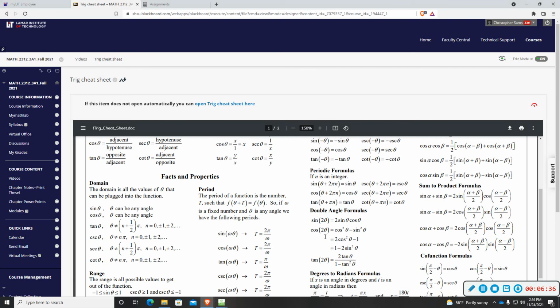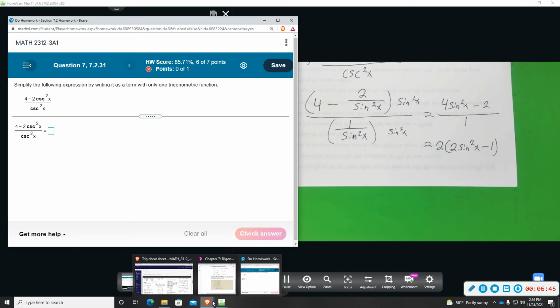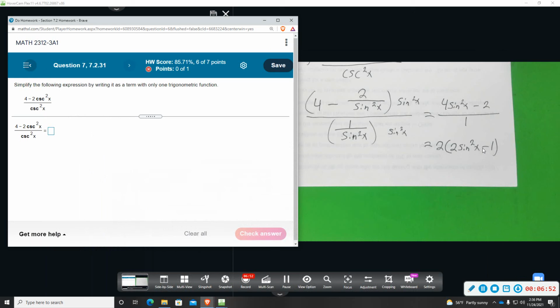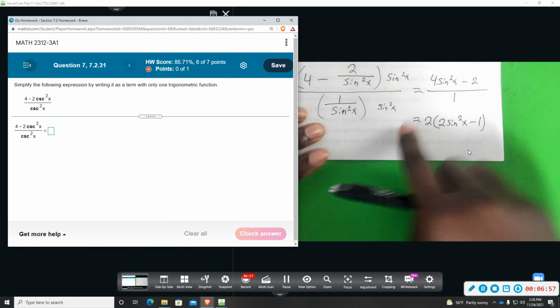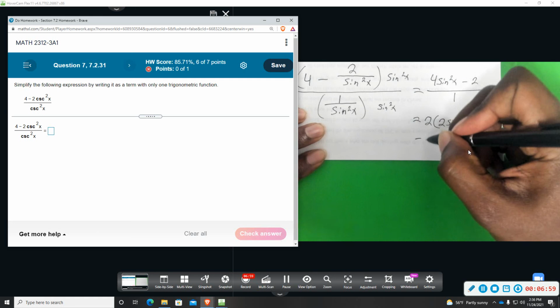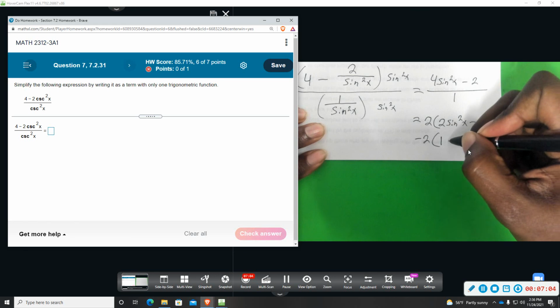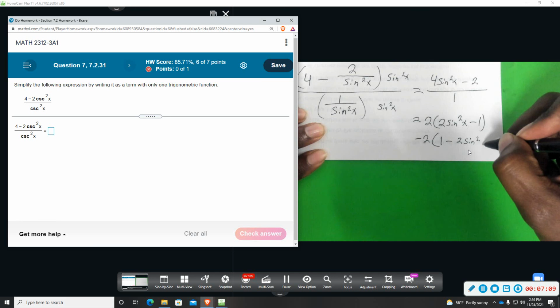So I'm going to factor out a negative because mine is different. Mine is sine squared minus 1, and this formula shows 1 minus sine squared. So the sign is negative, and in my problem the sign was positive. So what I'm going to do is pull out a negative. So this will be a negative 2, and then this will become a 1 minus 2 sine squared x.